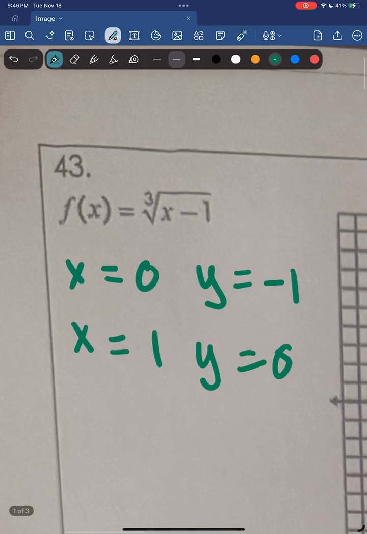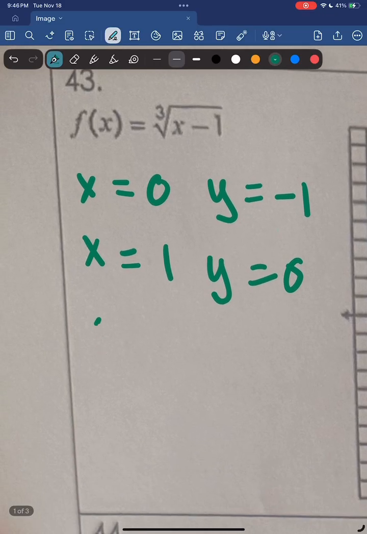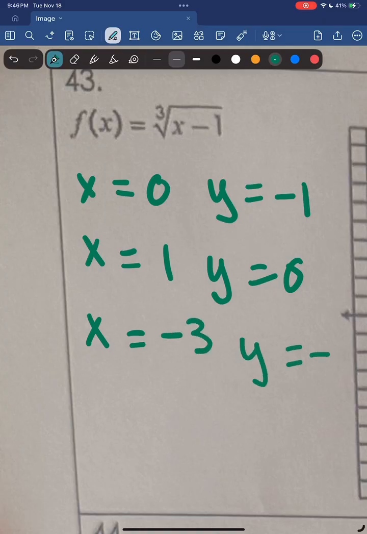We can do x is equal to -3, y is going to be equal to -2. X is equal to, let's throw in another positive number here. Let's do 5.